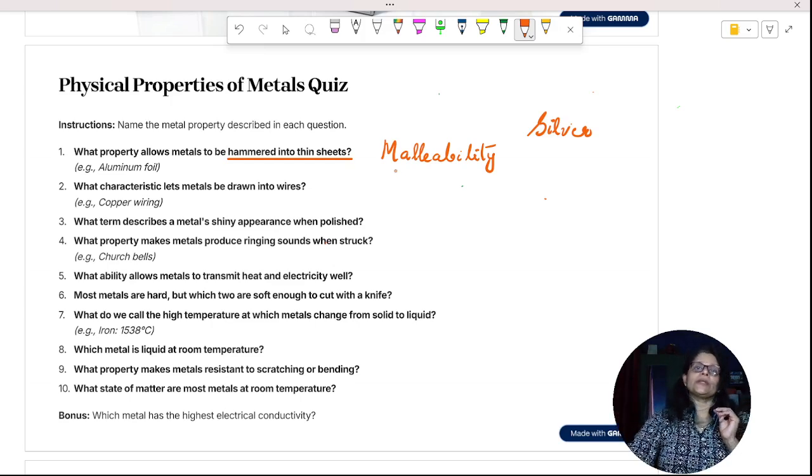What is that property called? Yes, it is called ductility. Or you say that copper metal is ductile. And can you tell me which is the most ductile one? It is none other than our gold.